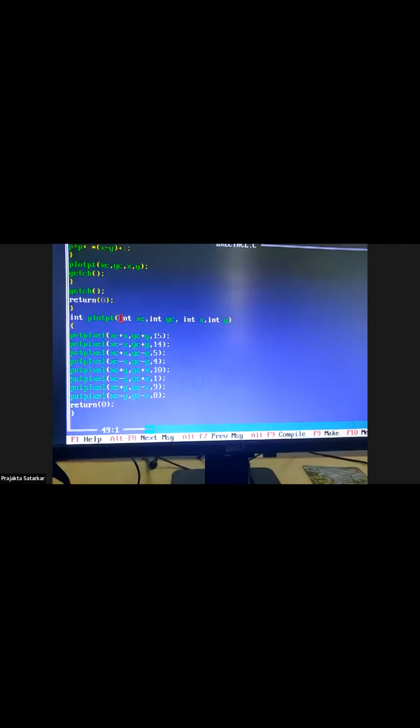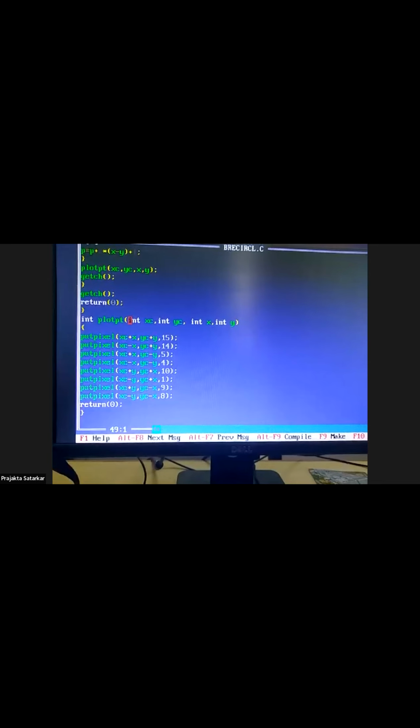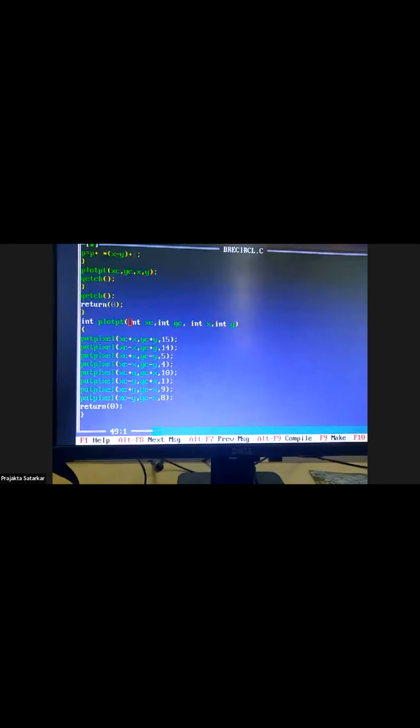Then further 4 putpixel commands are there, which are interchanging the x and y values. So here x and y values are interchanged, and I will have y and x here, and again 4 combinations of them: plus plus, minus plus, plus minus, and minus minus.